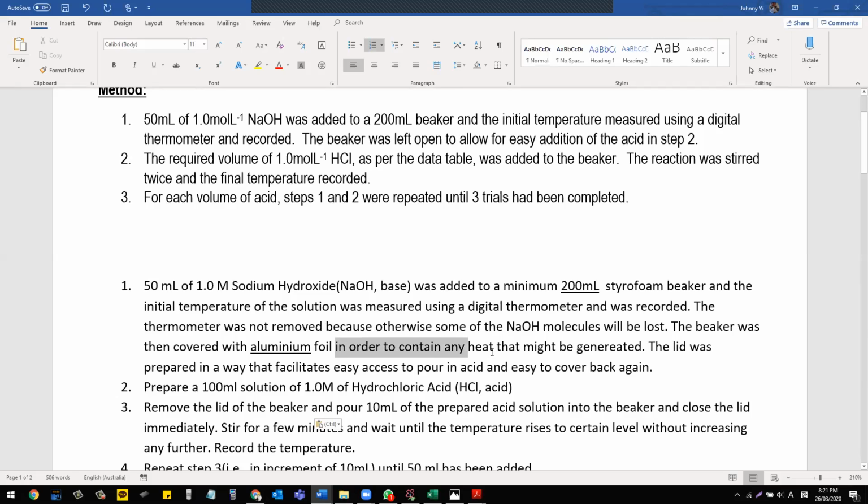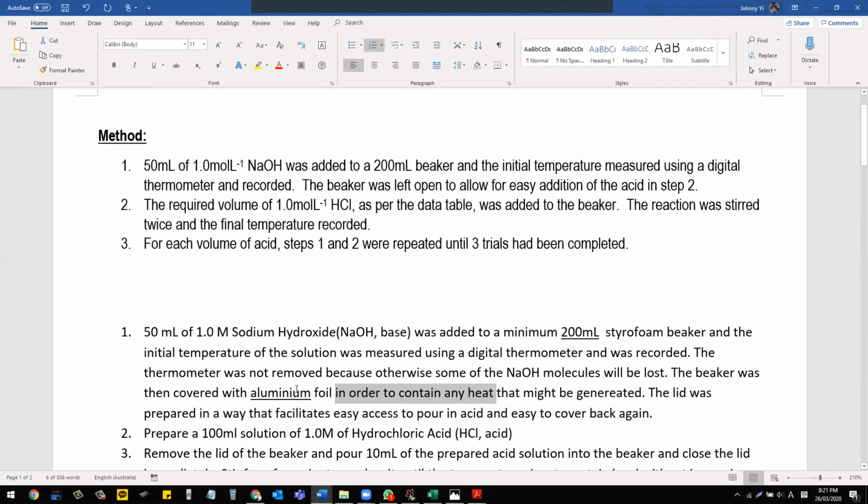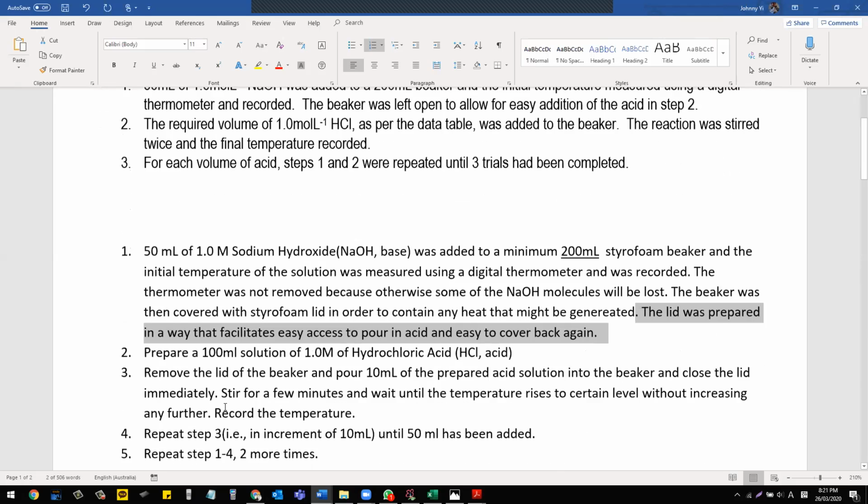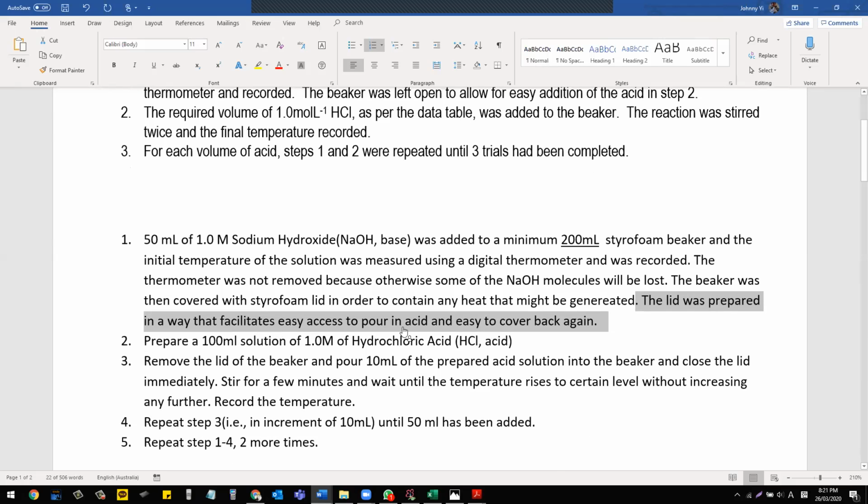So in order to contain the heat, the class was using styrofoam lids. In order to contain any heat that might be generated, the lid was prepared in a way that facilitates easy access to pour in acid and easy to cover back again.